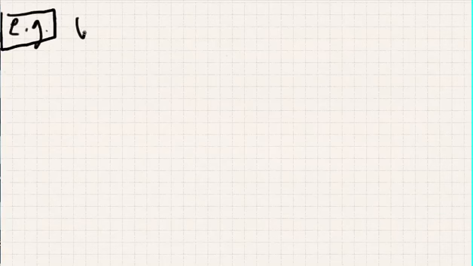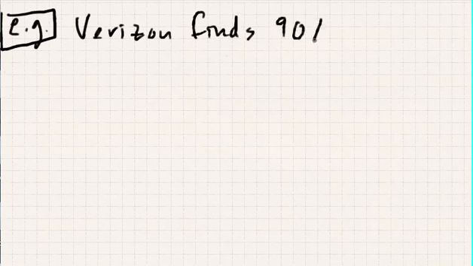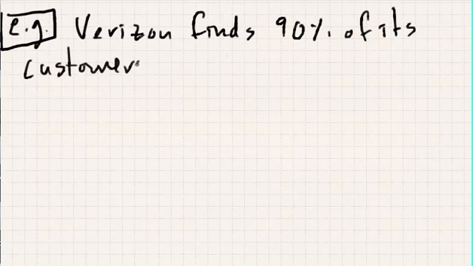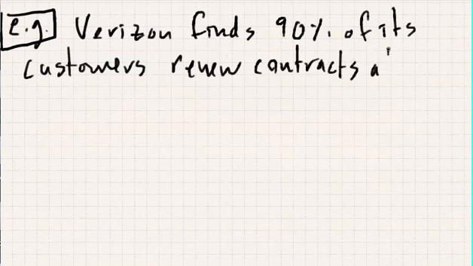So let's look at a fairly simple example. Let's say that Verizon finds that 90% of its customers renew their contracts after 2 years.